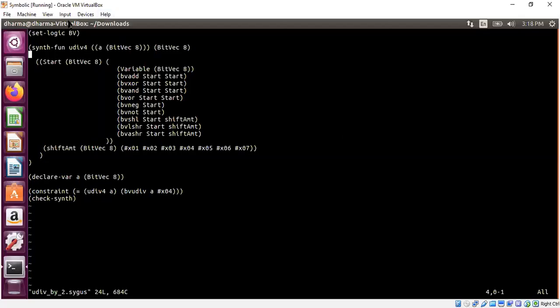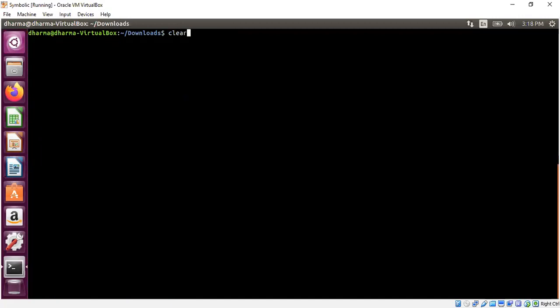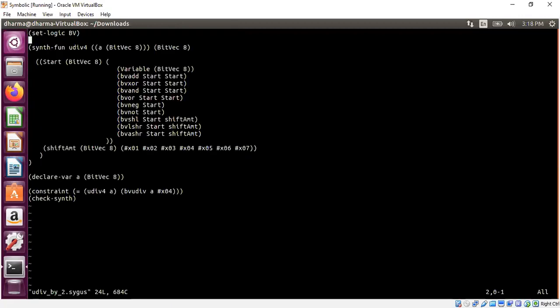So with that brief background, let's get into the synthesis part. Let me first synthesize division by 2, since that will be easier. What I'm going to do is put a restriction on the type of elements I would like to see in the synthesized code.